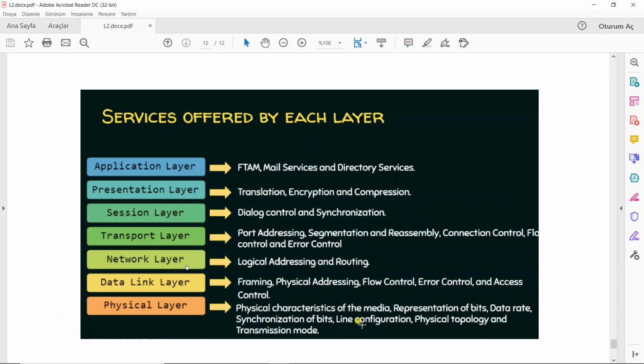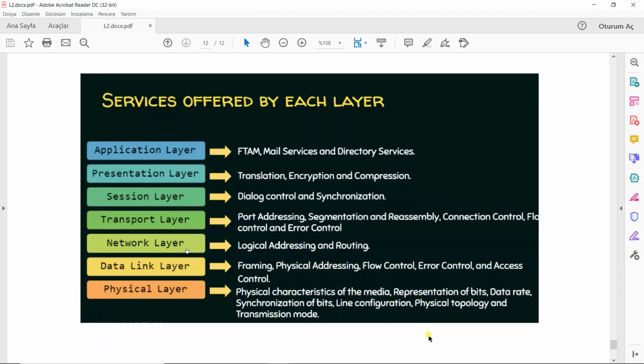Physical layer finally deals with physical characteristics of the media, representations of bit, data rate, synchronization of bits, line configuration, physical topology, transmission mode, antenna, power amplifier, equalization, modulation, waveforms, beamforming. All these are concepts under the umbrella of physical layer.